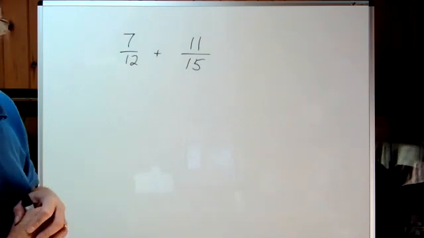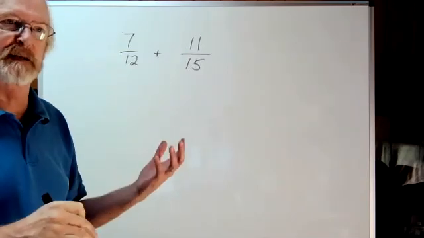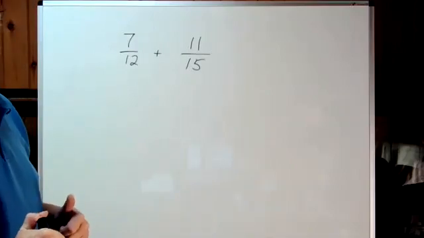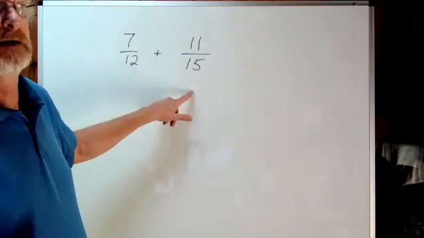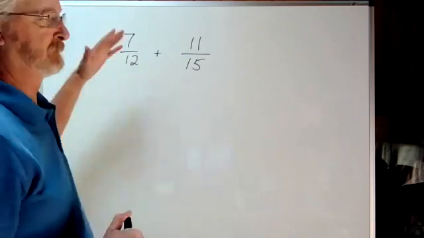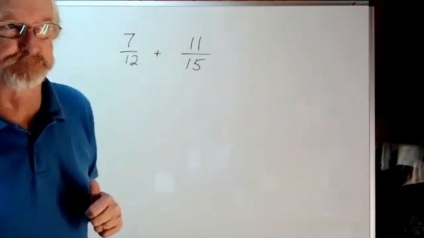I addressed this process a little bit the first day when I was talking about prime factorization or least common multiple. What's the smallest number, preferably, that both of these divide into? So we're looking for a multiple of those numbers and finding the common multiple.